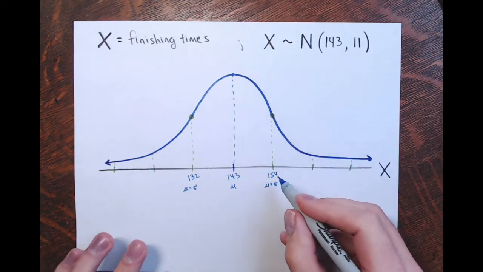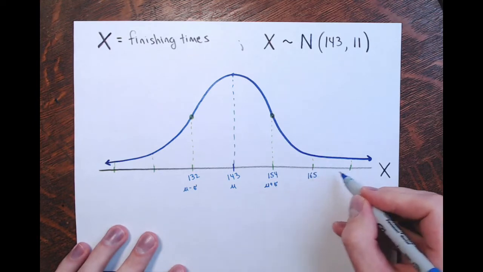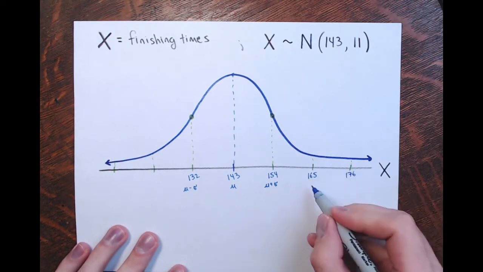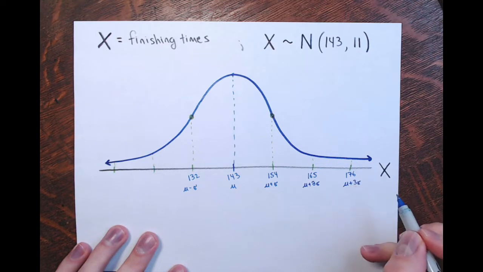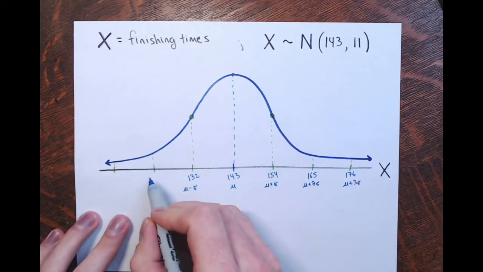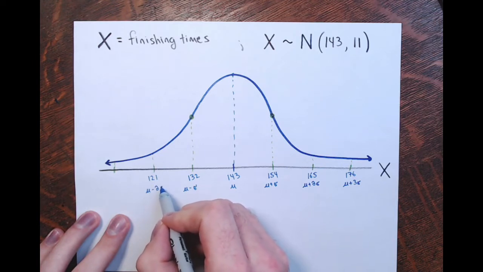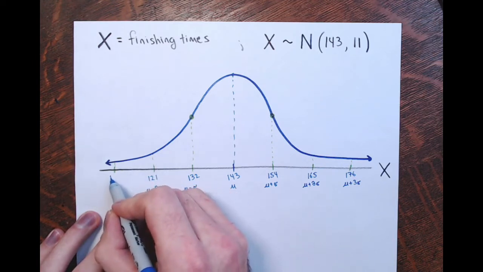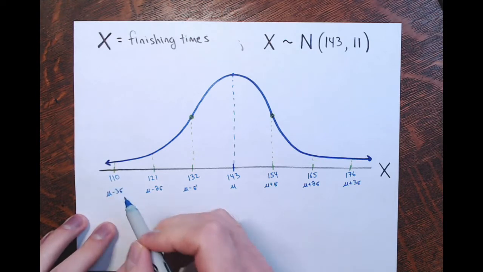So 154 plus 11 is 165, plus 11 is 176. Here's mu plus 2 sigma, here's mu plus 3 sigma. And then 132 minus 11 is 121, there's mu minus 2 sigma, and then minus 11 again would be 110, there's mu minus 3 sigma.